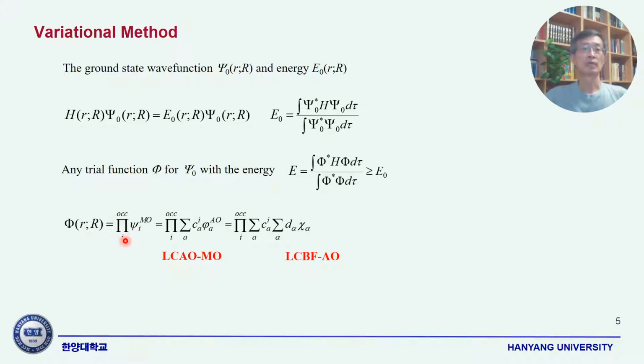All occupied orbitals are multiplied together, so it's a product of occupied molecular orbitals. That molecular orbital is a linear combination of atomic orbitals, LCAO-MO. So the molecular orbital is obtained by a linear combination of atomic orbitals, and this trial wave function looks like this.